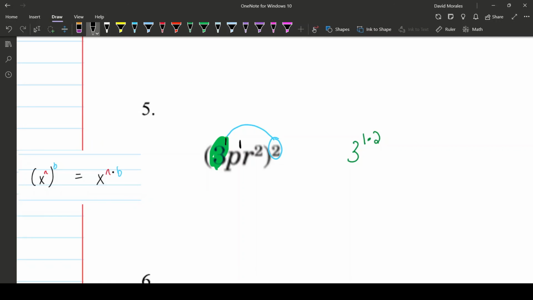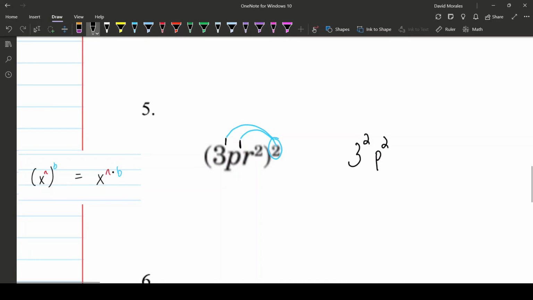What's 1 times 2? That is 2, so that's going to be 3 to the 2. Now the same for the p. I'm going to distribute this 2 to the p. So what is p to the 1 times 2? Well, that is p to the second.